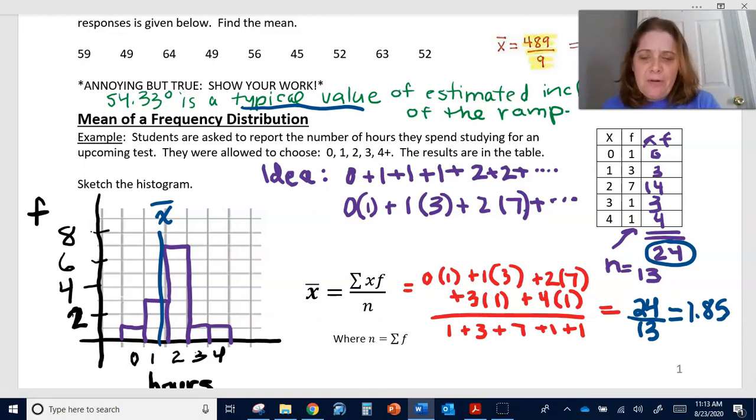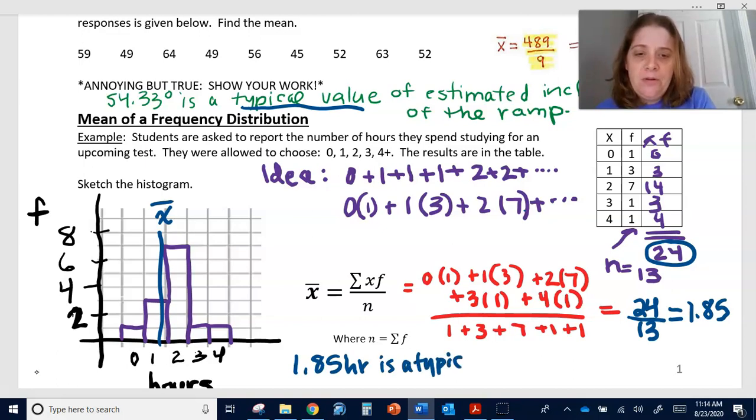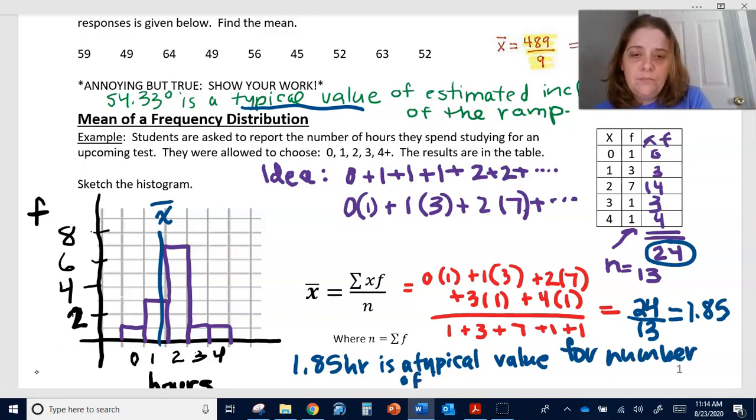So if I was going to interpret this, I would say 1.85, and I'm looking for my unit here. What is my unit? The number of hours. 1.85 hours is a typical value for the number of hours spent studying in this sample.